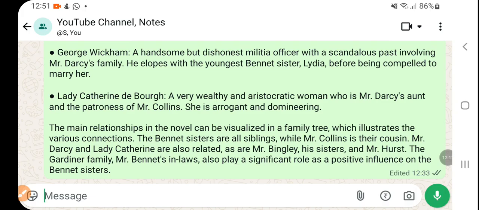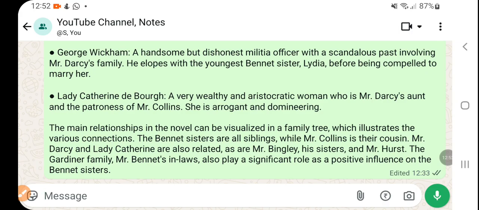Lady Catherine is Mr. Darcy's aunt and took care of him. Mr. Bingley, his sisters, and Mr. Hertz are also related. Mr. Bingley has two sisters: Caroline Bingley, unmarried, and the married sister Mrs. Hertz, right?